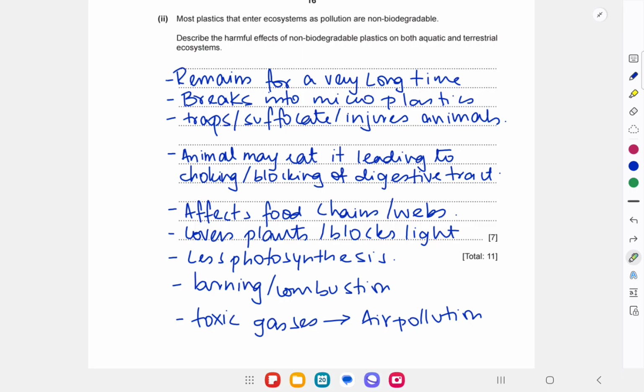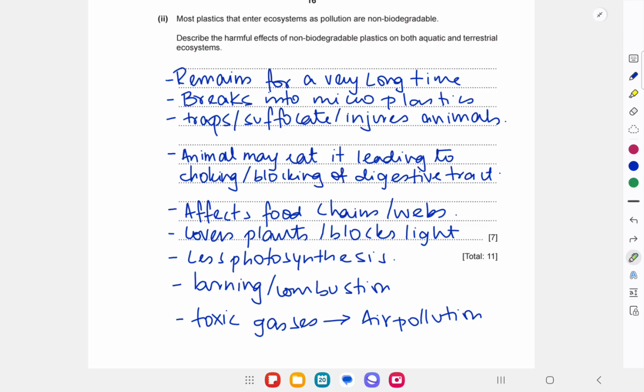If the plant dies, what will happen? All of the organisms that were dependent in terms of food on the plant will now die as well because they aren't getting their food, right?